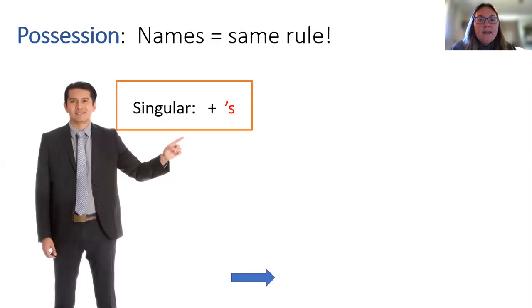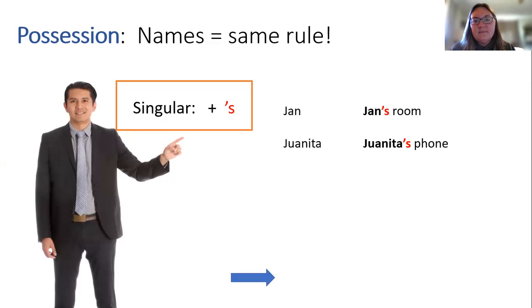So again, taking a look at singular, if we have John, we can say John's room. We just add an apostrophe S. We have Juanita, and she has a phone. We would say Juanita's phone. If we were looking at Ramie's beautiful nails, we might say Ramie's nails, the nails that Ramie has.